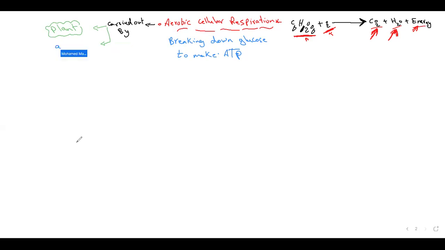I'm just focusing on this point. So now you believe that the plant carries out both cellular respiration and photosynthesis, right? Yes. Plants, animals, fungi, protists, every living thing must break down food to get energy, right?